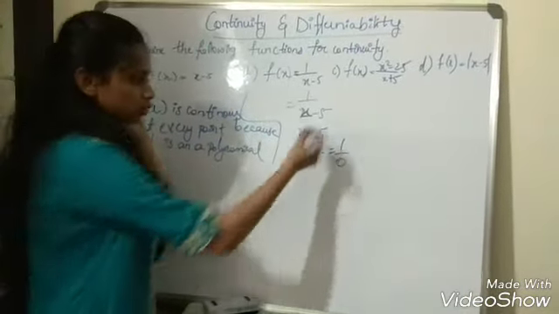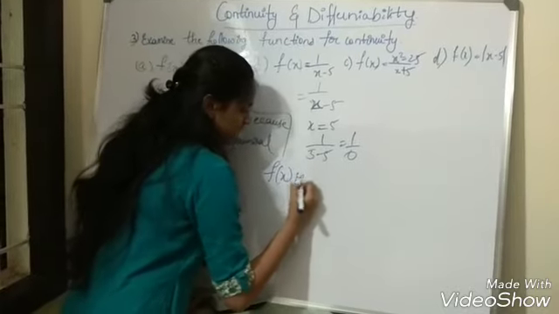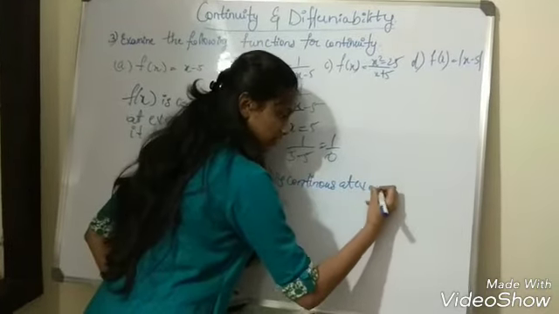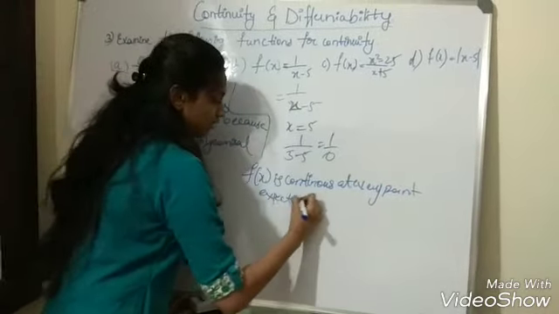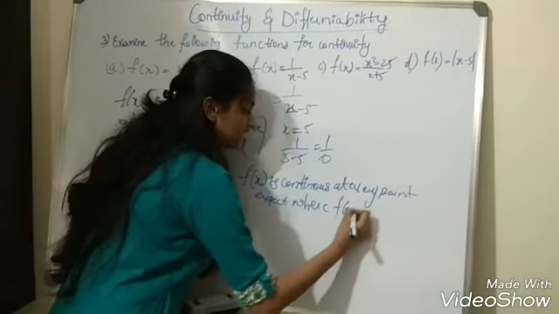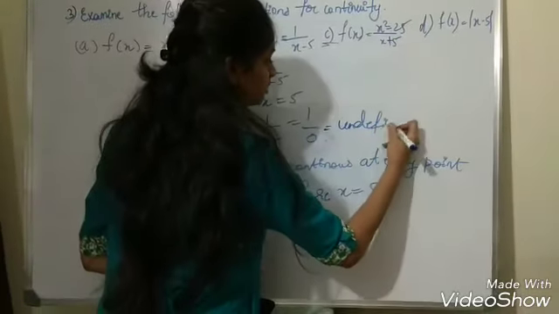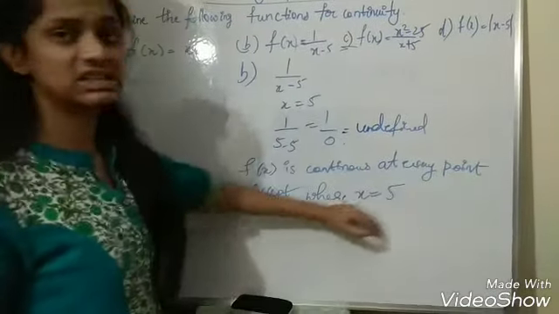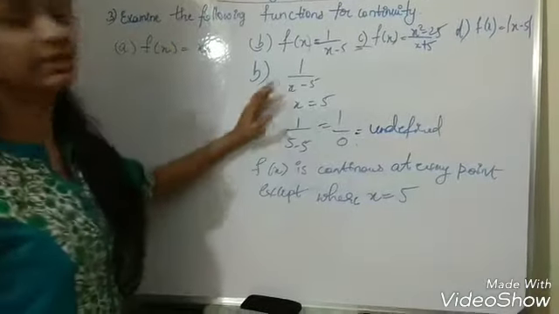So you write: f of x is continuous at every point except where x is equal to 5, because when x is equal to 5, the function becomes undefined. Now if you put in the place of x any other value except 5, the function will be continuous.